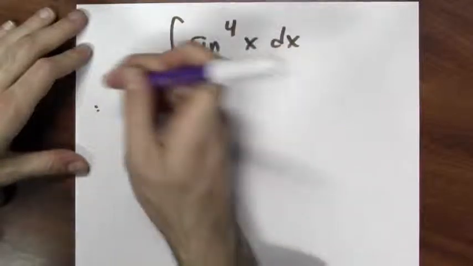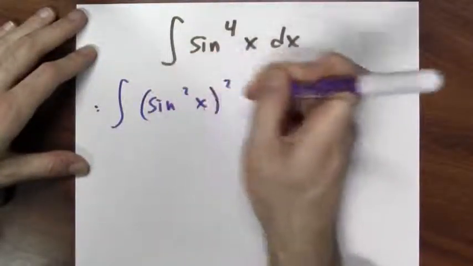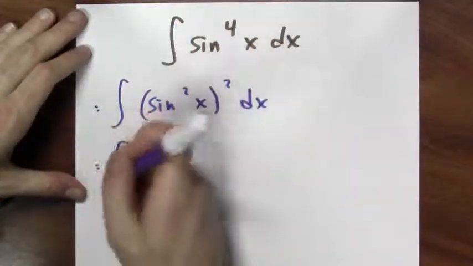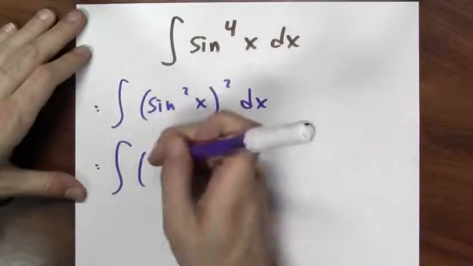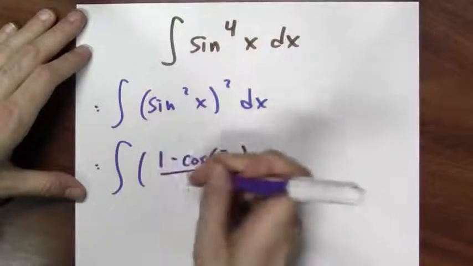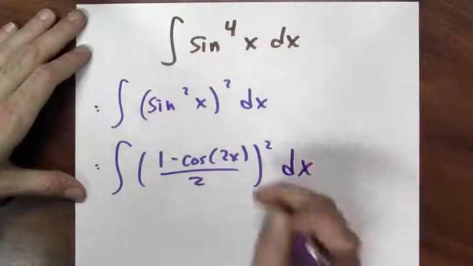How do those help? Well, I can rewrite this integral as the integral of sine squared squared, and now I can use this half-angle identity. This is the same as the integral, well, what's sine squared? Sine squared is 1 minus cosine 2x over 2, right? These are equal, and I still have to square that dx. Now I expand.